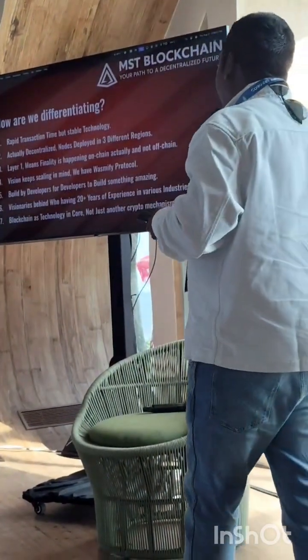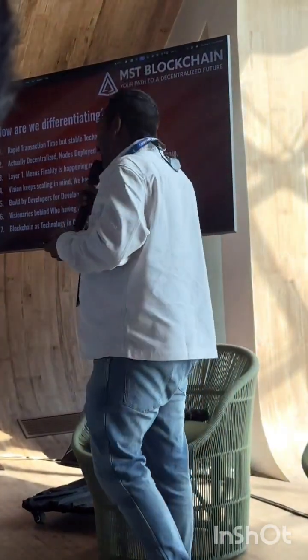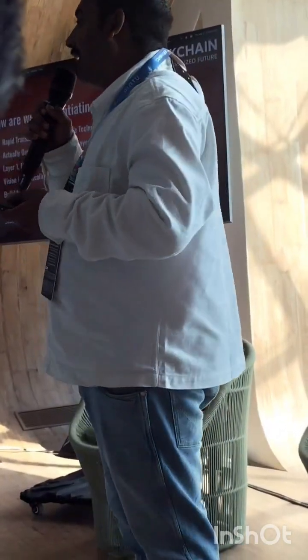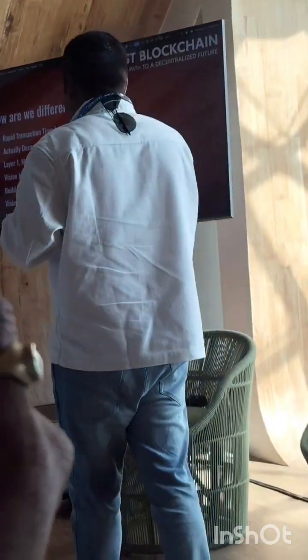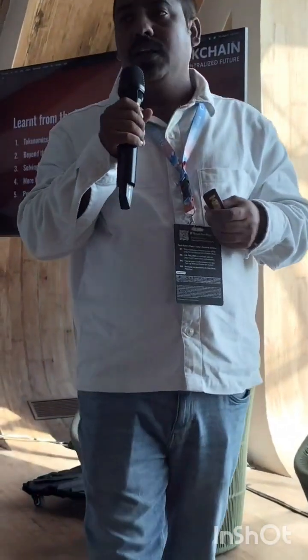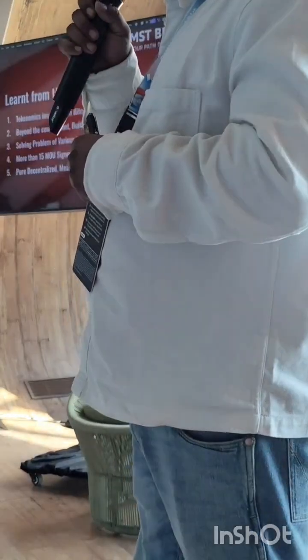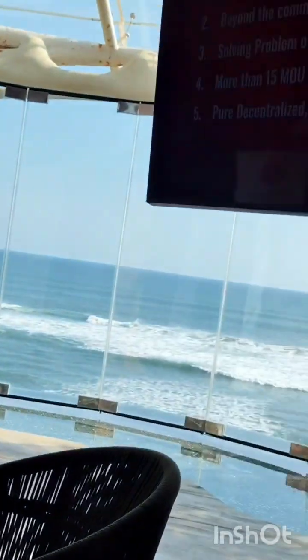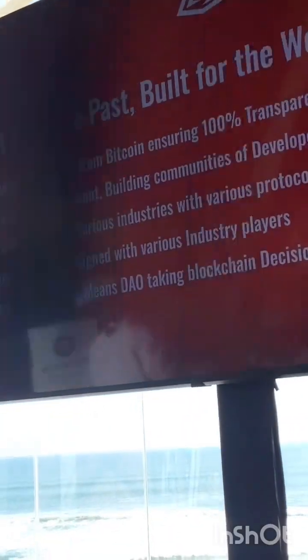What we should worry about is building things, building better things, building solutions, and connecting everyone, 8 billion people, on chain. That's the only target of MST blockchain. Learn from the past, build for the world. So when we talk about MSTC, I just explained MSTC supply is limited, so its tokenomics is inspired from Bitcoin.